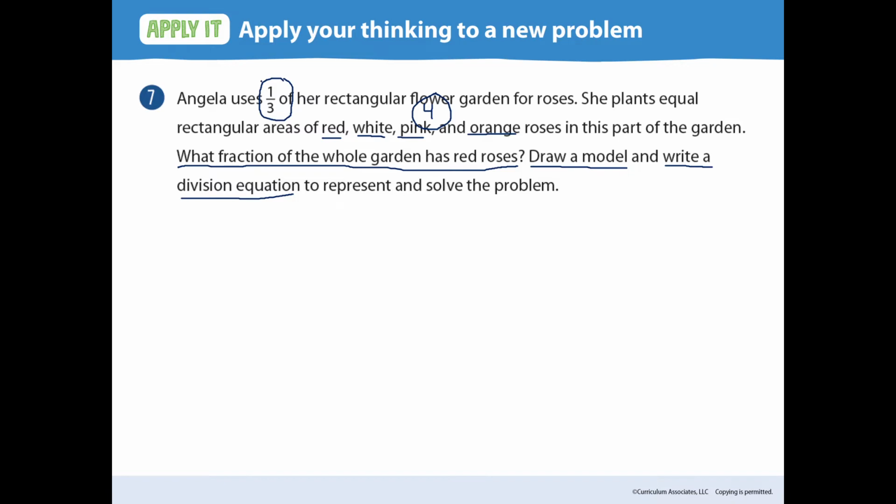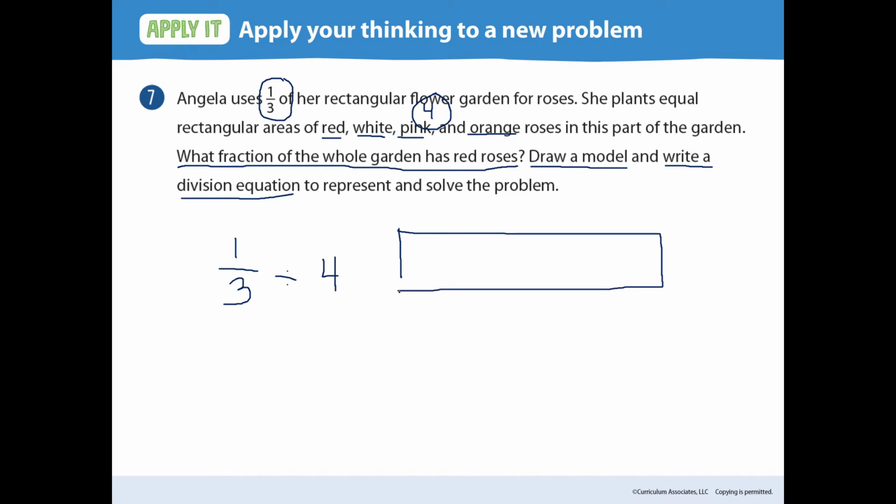So what is the area of her rose garden? It's 1/3 of her garden. And she's dividing that section amongst 4 different colors of roses. So we have 1/3 divided by 4. So if we draw her garden here, this section right here, she's using for roses.